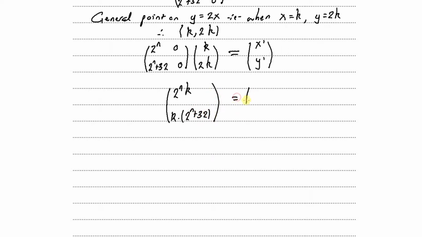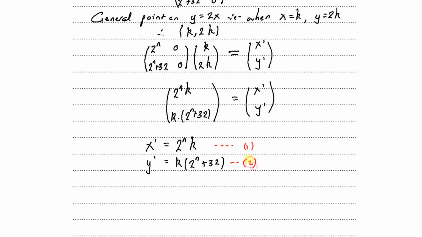So this is all equal to x and y, the image. So here, x is coming out to be 2 to the power of n of k, and y is coming out to be k of 2 to the n plus 32 here. Now, we have these two equations, and we just want to form an equation of a line here.